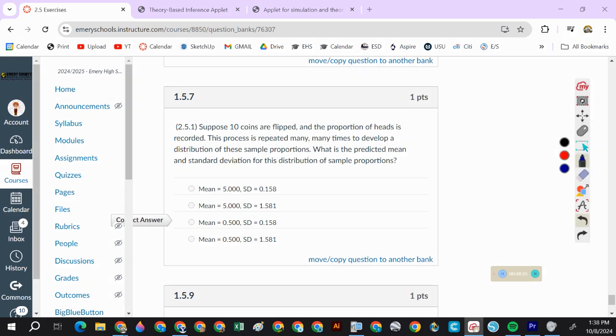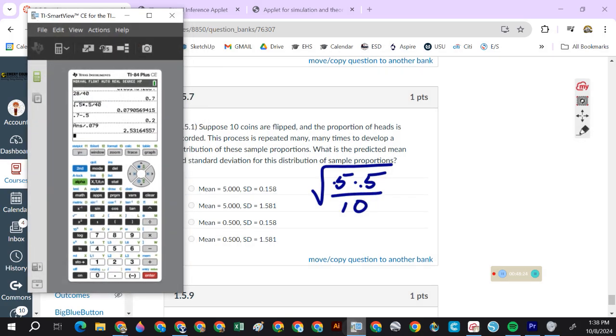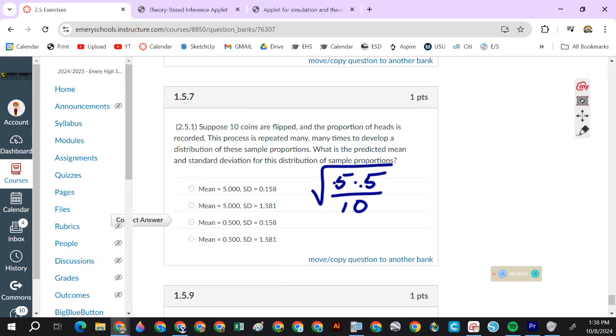We take the square root of 0.5 times 0.5 divided by 10, and I get 0.158, which is a little weird because we haven't met the validity conditions. Anyway, but that's what they wanted.